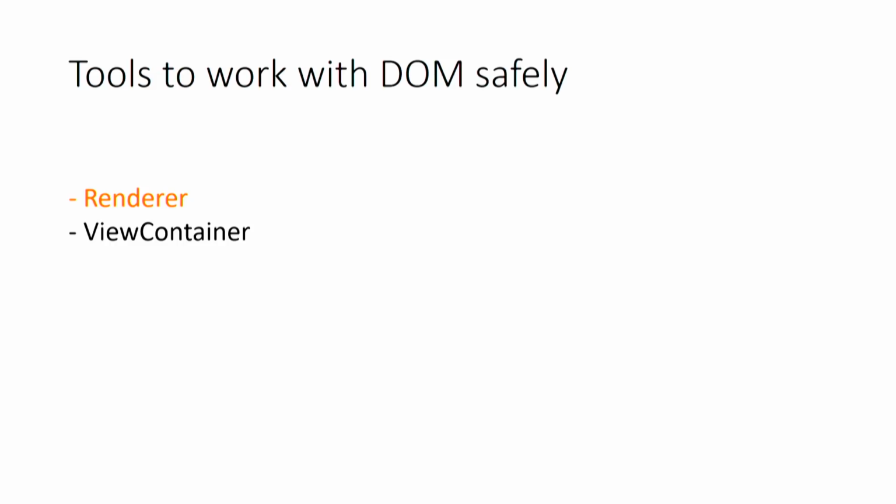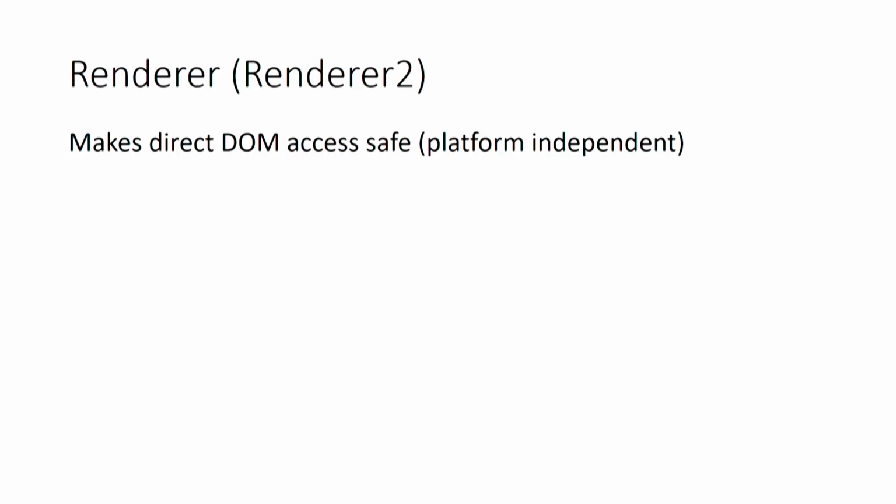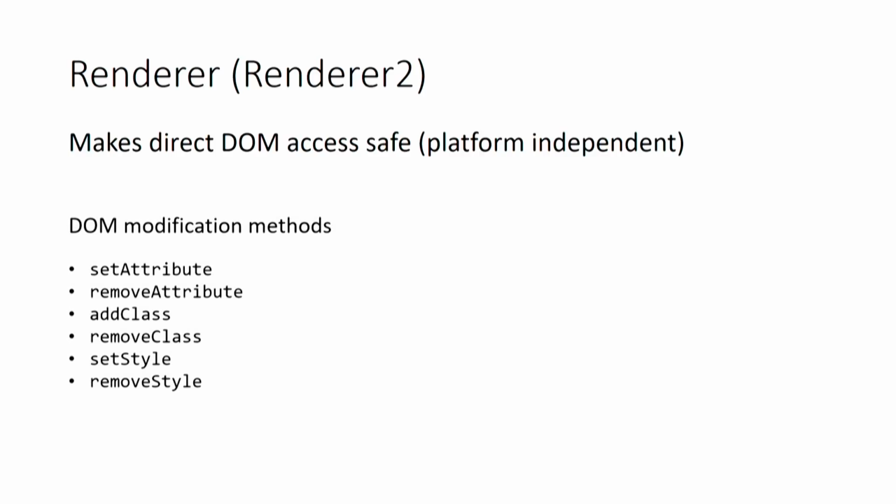Let's take a close look at them and start with the Renderer service. So what is this service? Well, it makes direct DOM access safe and provides a low-level API for changing DOM element properties. An example would be the setAttribute method. We can use this method to refactor our directive, where we use direct DOM access, and make the directive code platform independent.